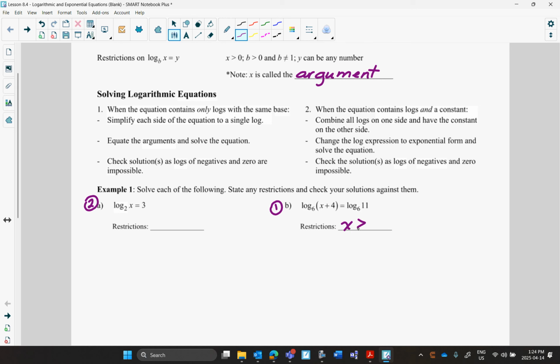Negative 4. Because I've got a single log on each side, all I do is cancel out the logs and solve what's left. X plus 4 is equal to 11. X is 7. That's bigger than negative 4, so that's a good solution.